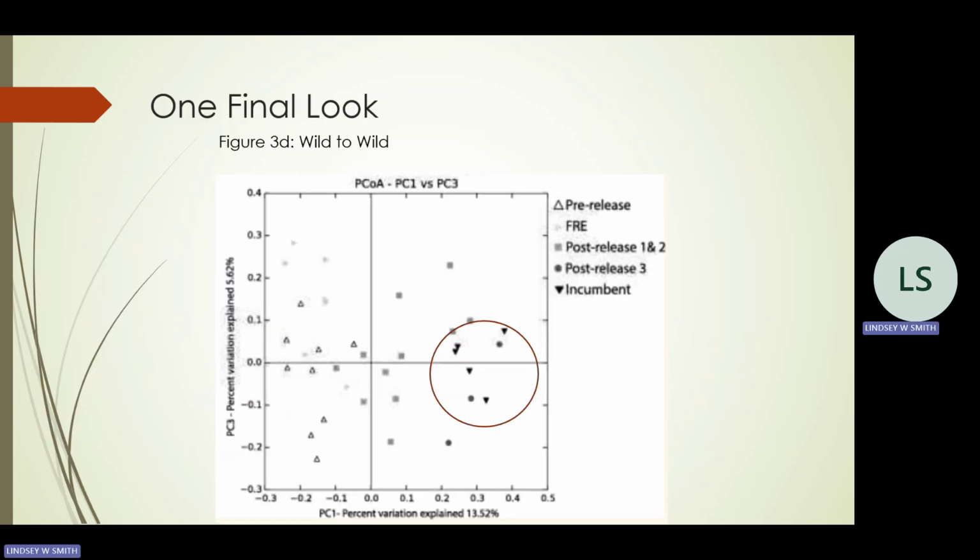And then one final look here, figure 3D, with the wild to wild, like I had mentioned earlier, they took another sampling at approximately 1 year post-release. Interestingly, these researchers looked at 3 additional fecal samples, and what they see is that those samples did not show statistically significant changes in the alpha diversity, but they did reveal close beta relationships between that post-release 3 group and the wild incumbents.